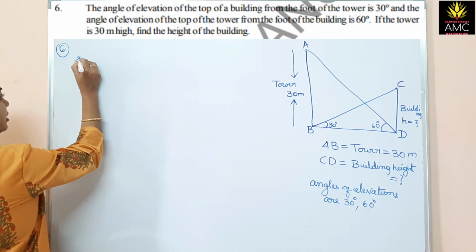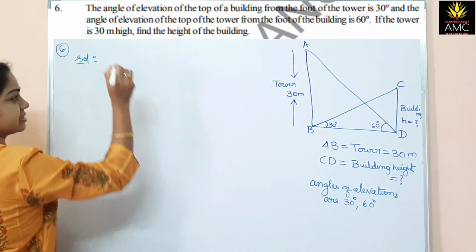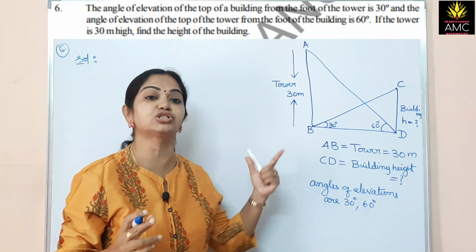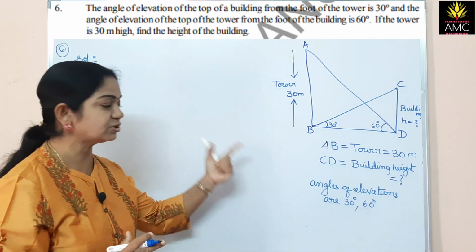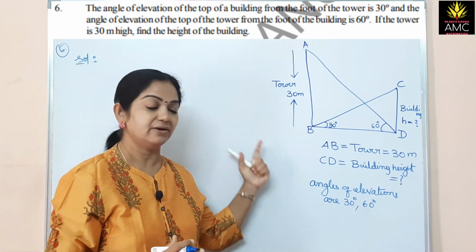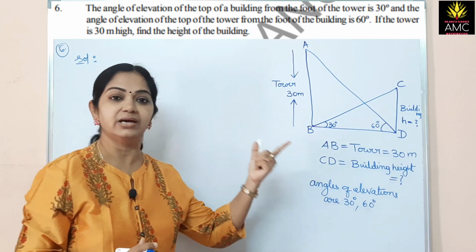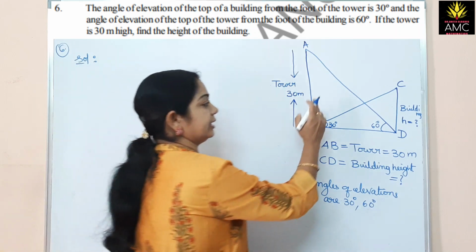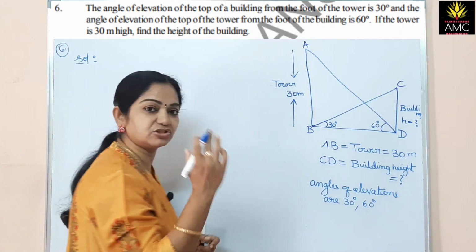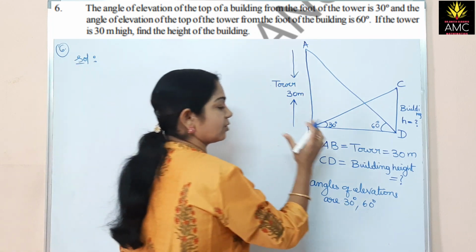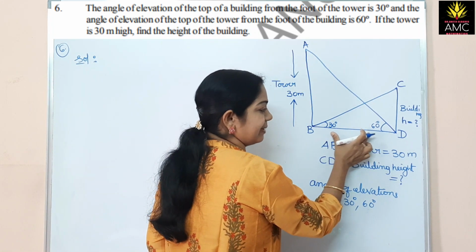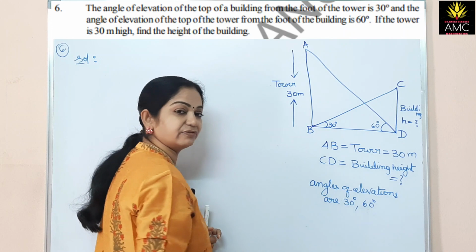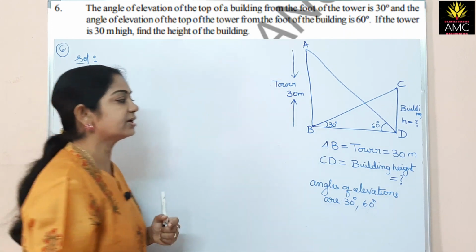Let's do it. All these problems in exercise 12.2 involve two triangles, isn't it? From two triangles, we get two equations, and from those two equations we find the required one. Now, in these two triangles, what is common? The base is common. See here, BD is common to both triangles.